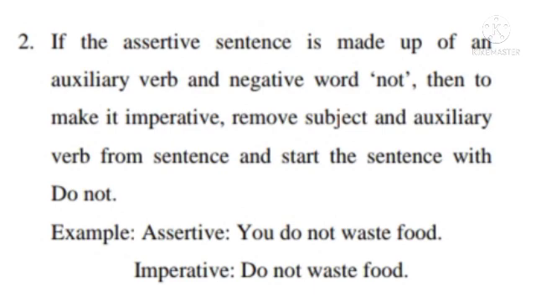In an assertive sentence, there will be an auxiliary verb and the word not. Then we have to remove the subject and auxiliary verb from the sentence and start the sentence with do not. So, in order to get a negative sentence, we have to start with do not.